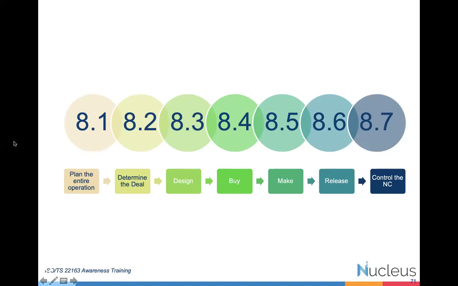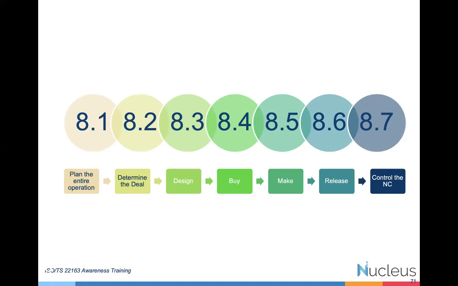Correct. Production, stores, PPC, perfect. 8.6, quality assurance, quality control, laboratory testing, correct? Yes. 8.7, of course, everyone, because non-conformity may appear anywhere in the business and various people have to play a role.